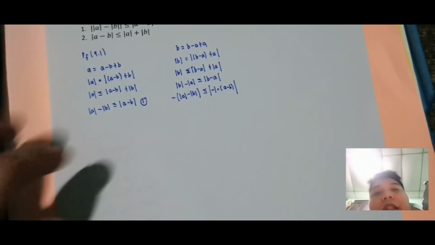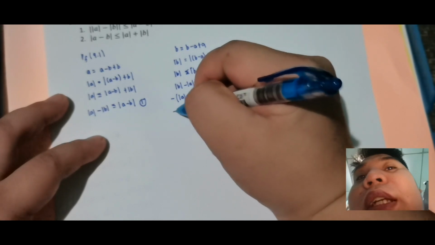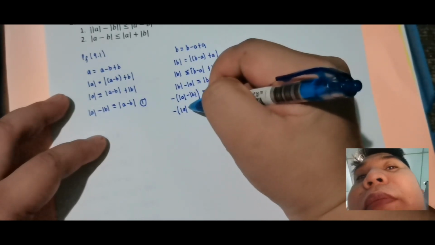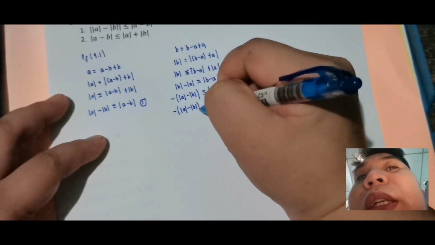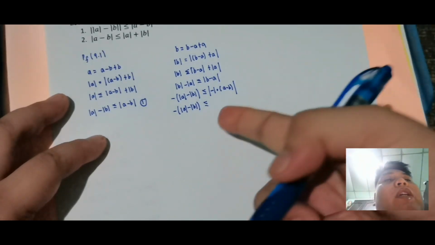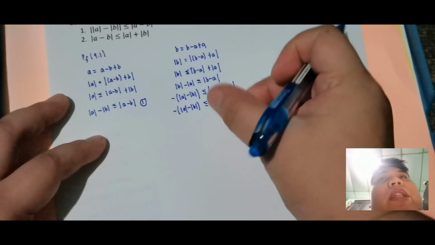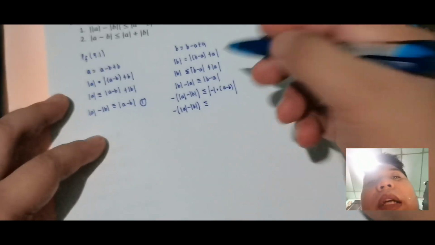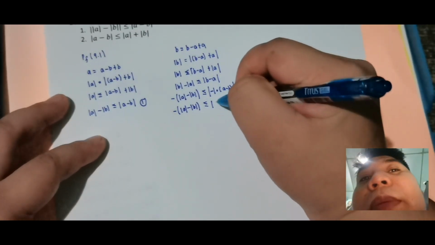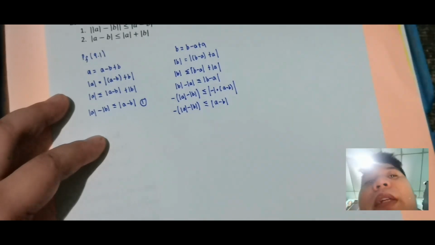Okay, then next, ito ay equal sa negative absolute value of A minus absolute value of B less than or equal sa, yung absolute value negative 1, hihiwalay yan. So actually, lalabas yan, then yung absolute value negative 1 is 1, so mawawala lang. So literal, ito ay equal lang sa absolute value ng A minus B.